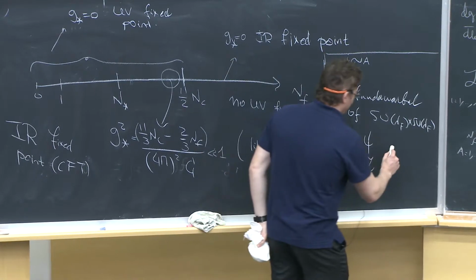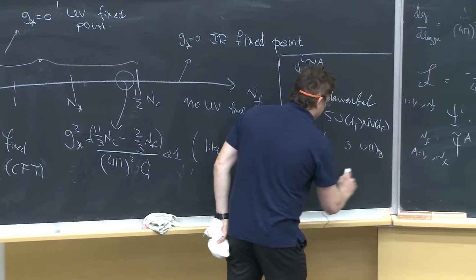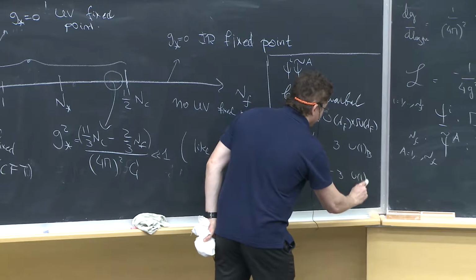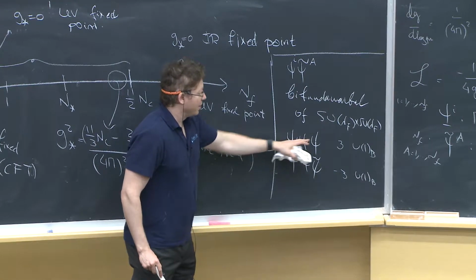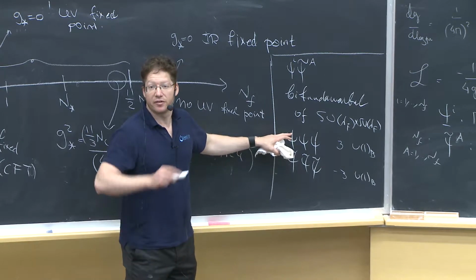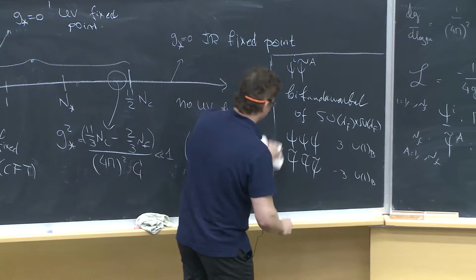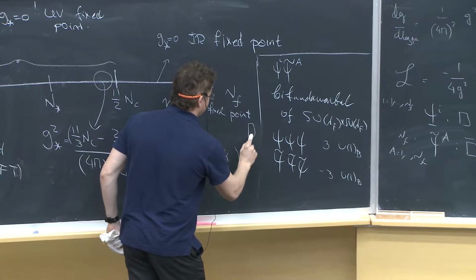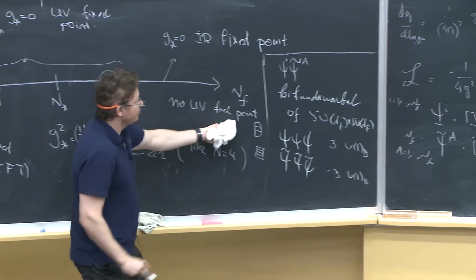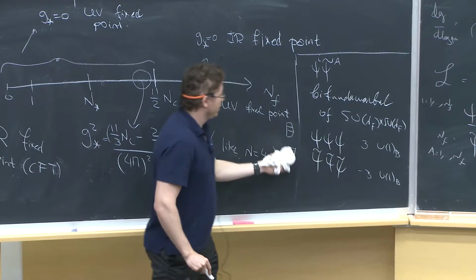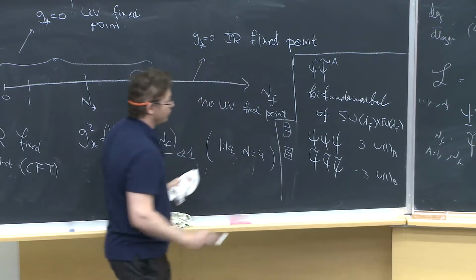And this fermionic operator has charge 3 under U(1) baryon, and this has minus 3 under U(1) baryon. And it transforms in some representation of SU(NF), which is the fundamental representation raised to the power 3 anti-symmetrized. So we could say that this is something like this, maybe, of the first SU(NF) and the second SU(NF). And these are probably all the relevant operators.